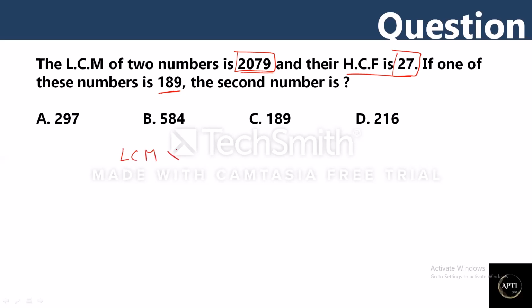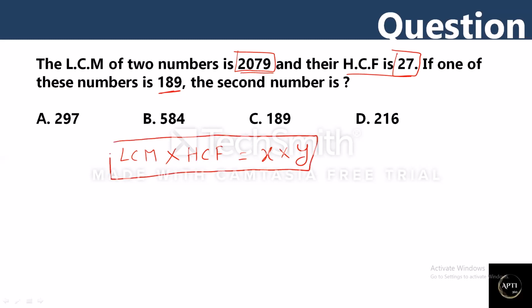LCM of two numbers into HCF of those numbers is equal to the product of those two numbers. Everyone just remember this. Here, x and y are two numbers, and their LCM multiplied with HCF is equal to the product of those two numbers.